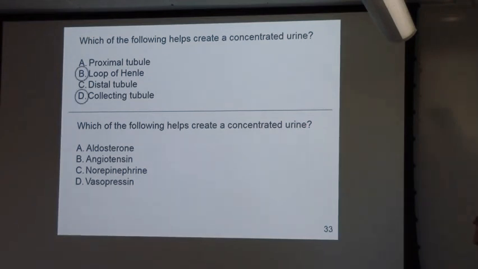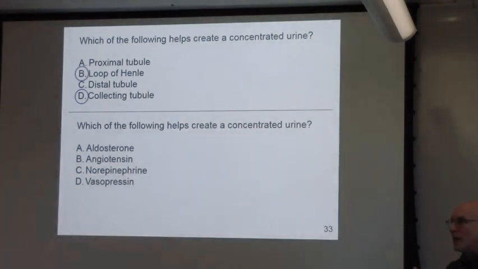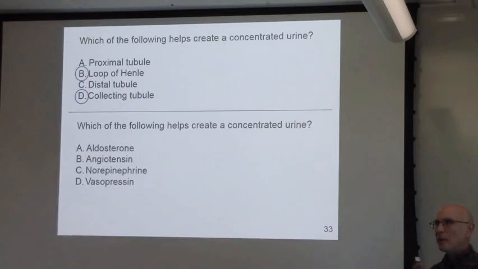Well, why not A? I mean, the proximal tubule pulls a lot of water out of urine, right? It's isotonic. So I think A is a legitimately correct answer here. The proximal tubule is important for water reabsorption, even if it's not making a concentrated tubular fluid, it's making an isotonic tubular fluid. But something more than half of the water you recover is actually in the proximal tubule. So I think A is the correct answer. The distal tubule is not a correct answer because it's what's making a hypotonic urine, not a concentrated urine.